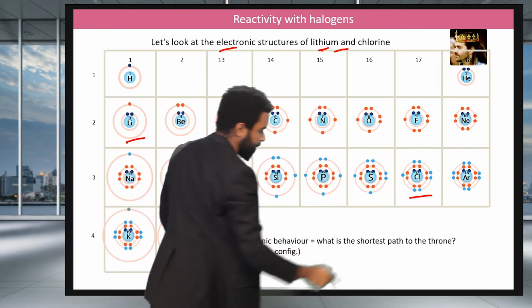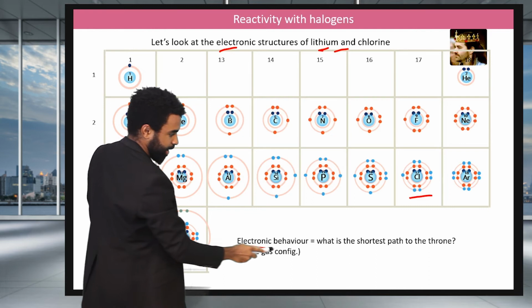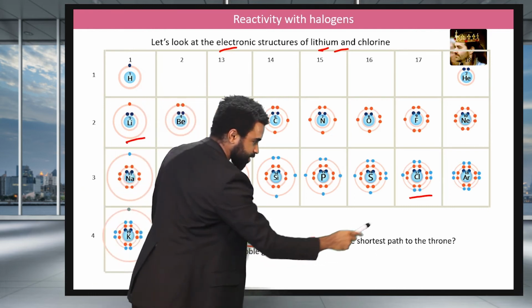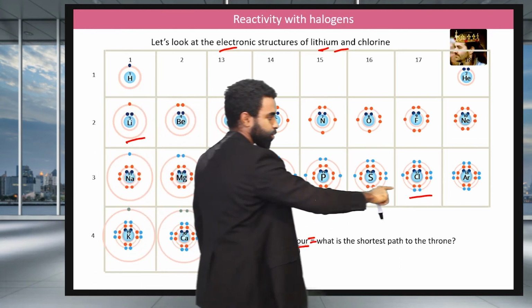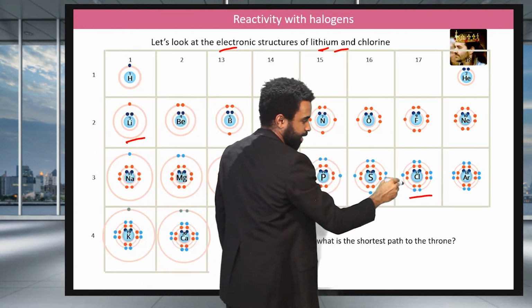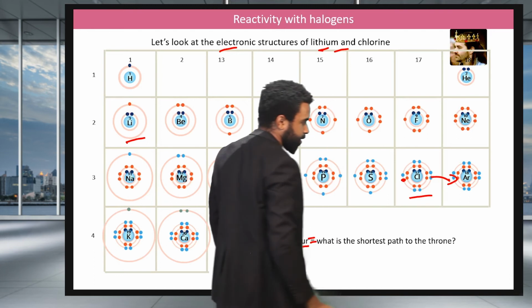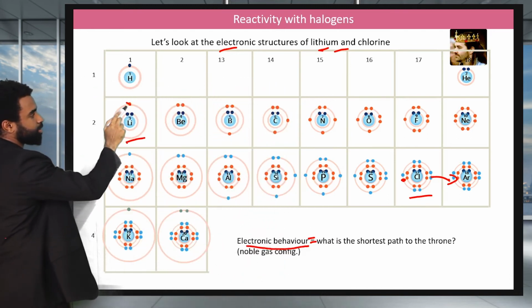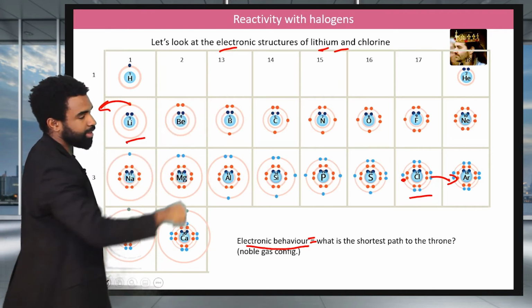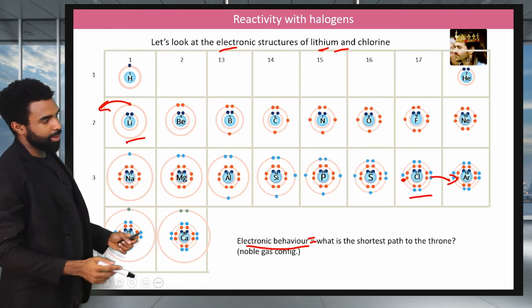And remember that we said that electronic behavior equals what is the shortest path to the throne, or to a noble gas configuration. What is chlorine's shortest path to the throne? Chlorine can gain an electron and look like argon, and they'll be very happy. Okay? And lithium here can lose an electron to look like helium, and we can think it'll be very happy.